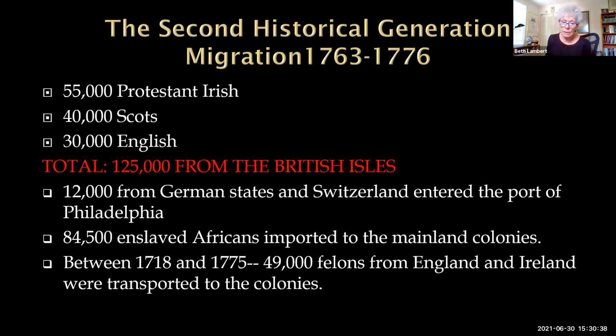And then between 1718 and 1775, 49,000 felons from England and Ireland were transported to the colonies. So what you have by the time of the American Revolution is a very different culture and group than the group that came initially. And that, of course, plays into the American Revolution.